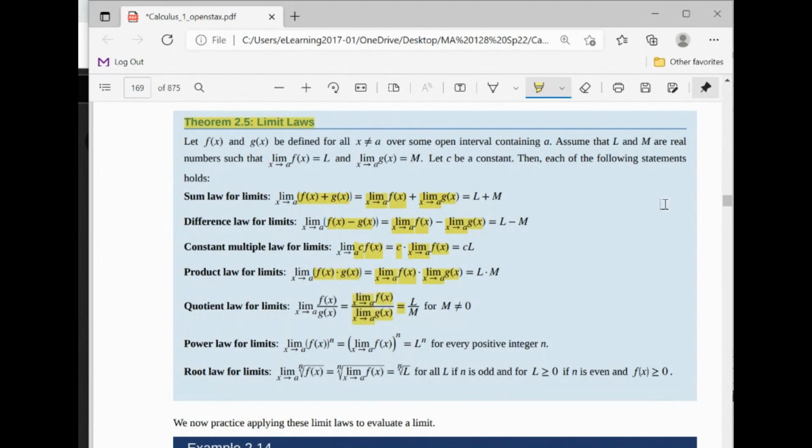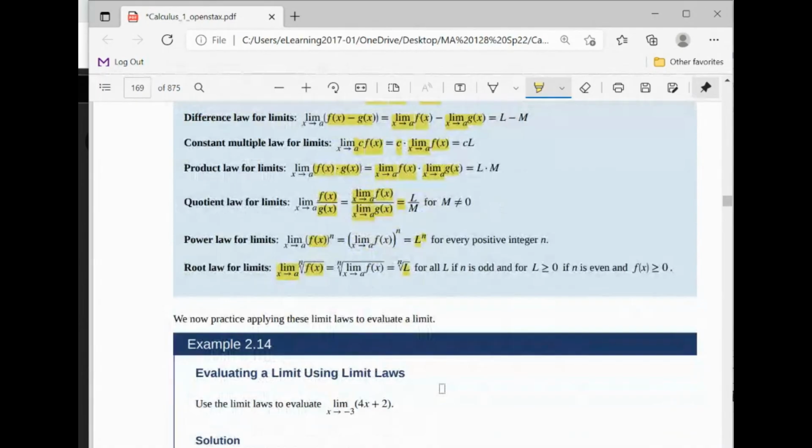Similarly for division: to find the limit of the ratio of two functions, just find the individual limits and take their ratio. And if you take a function to an exponent, you should take the limit to that exponent, or if you find some root of the function, you should take that root of the limit.